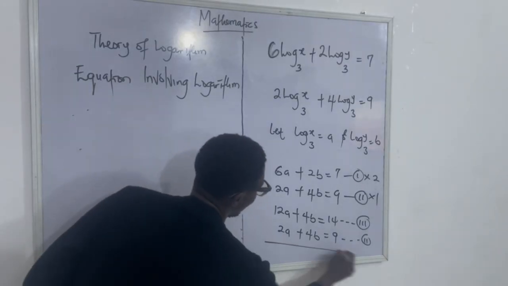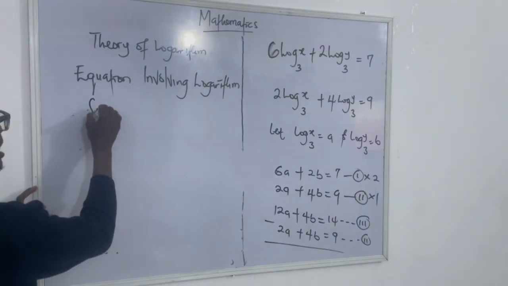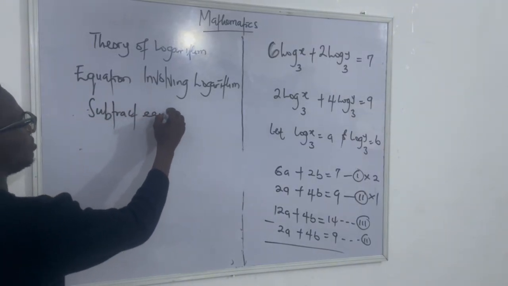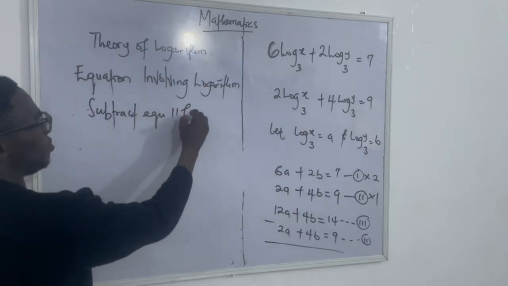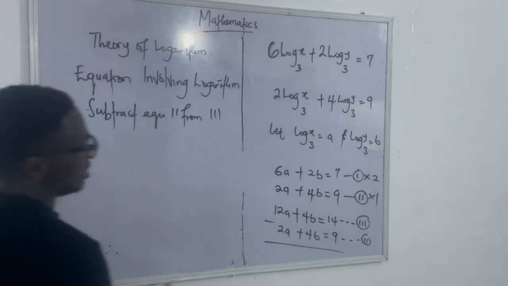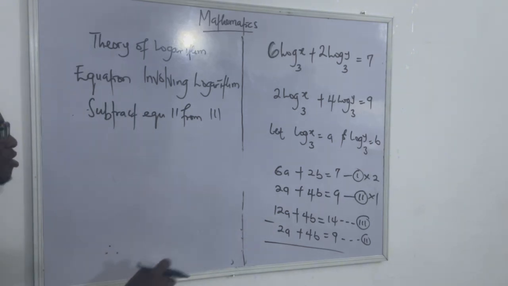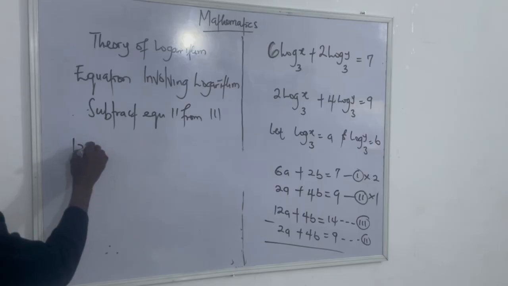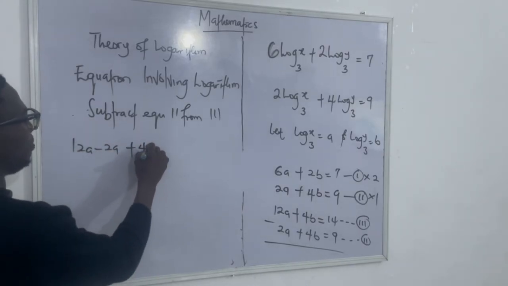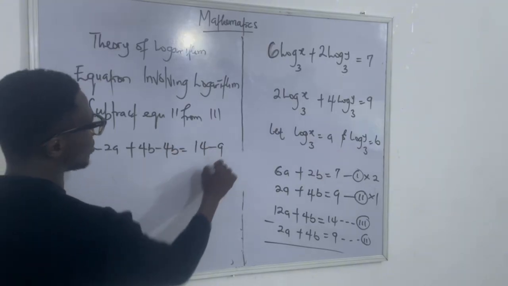So we can say subtract equation 2 from equation 3. Are we together? In this, you are taking away the smaller one from the bigger one. So 12a minus 2a plus 4b minus 4b equals 14 minus 9.